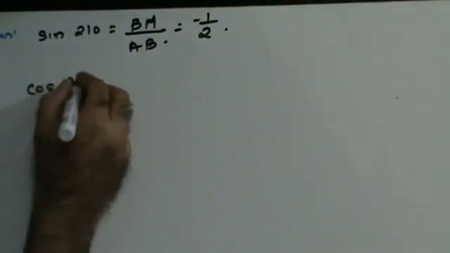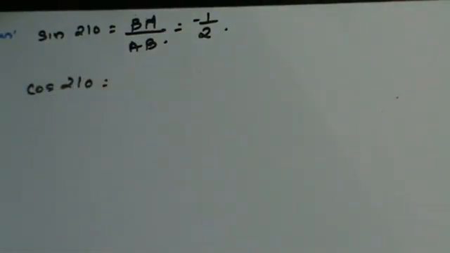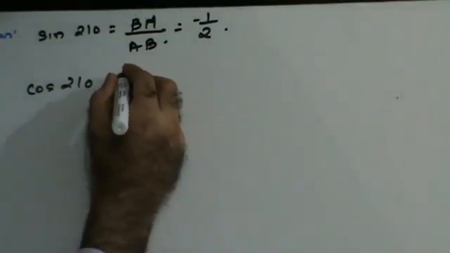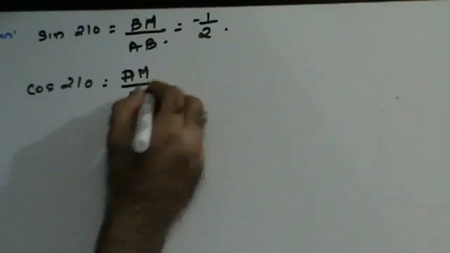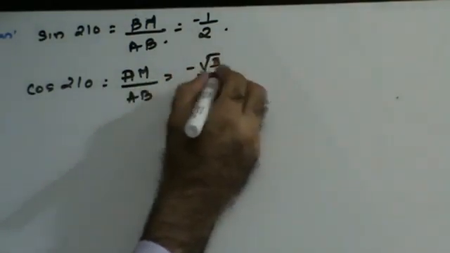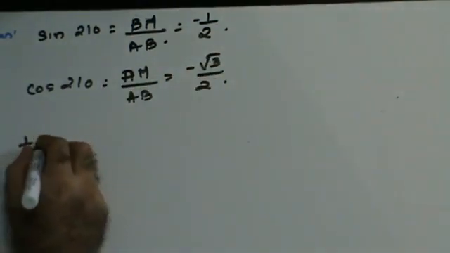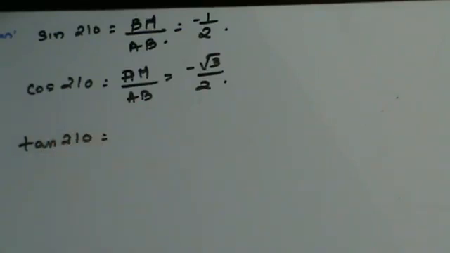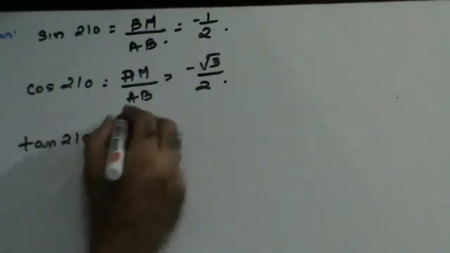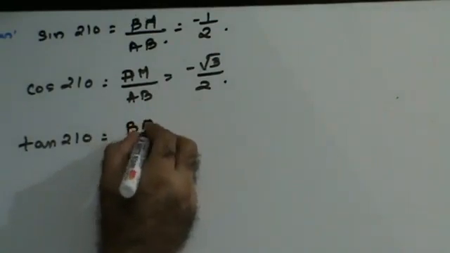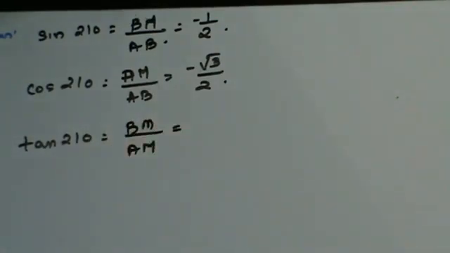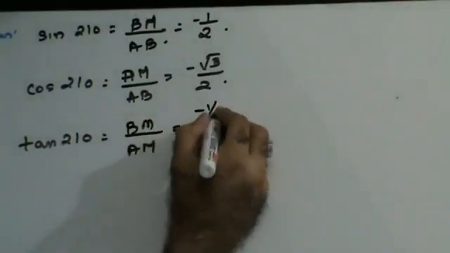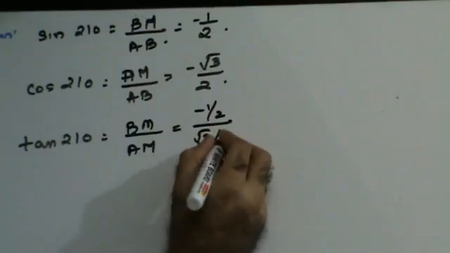Then cos 210 is adjacent upon hypotenuse, that is nothing but AM upon AB. AM we found out is negative root 3 by 2. Tan 210 is nothing but opposite upon adjacent, that is BM upon AM. BM we had found out as minus 1 by 2. AM we found out is minus root 3 by 2, right?